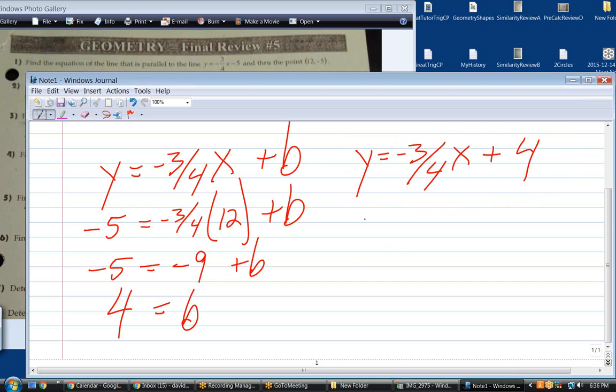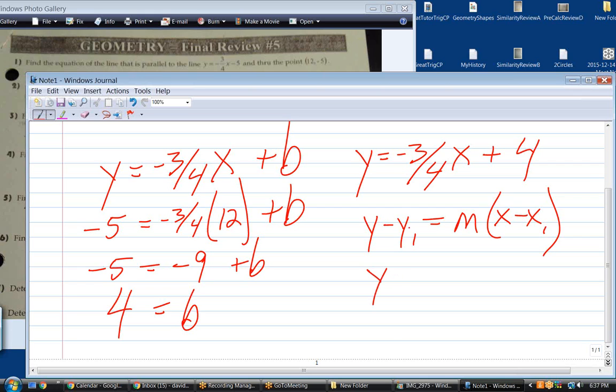But point slope is this. And I can solve it immediately because it's called point slope for a reason. You only need the slope and you need a point. Well, my point is that.